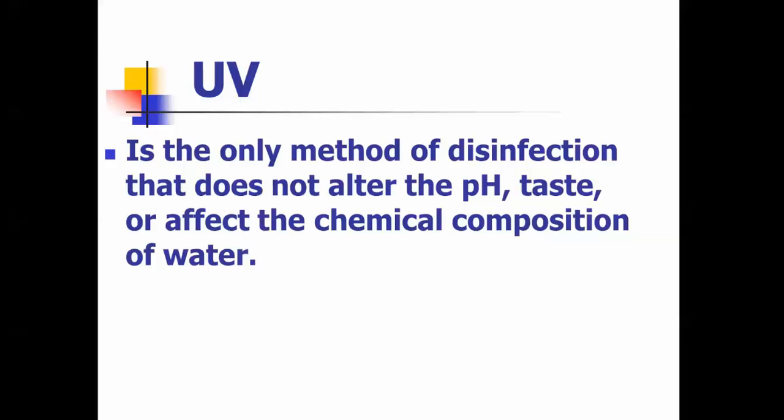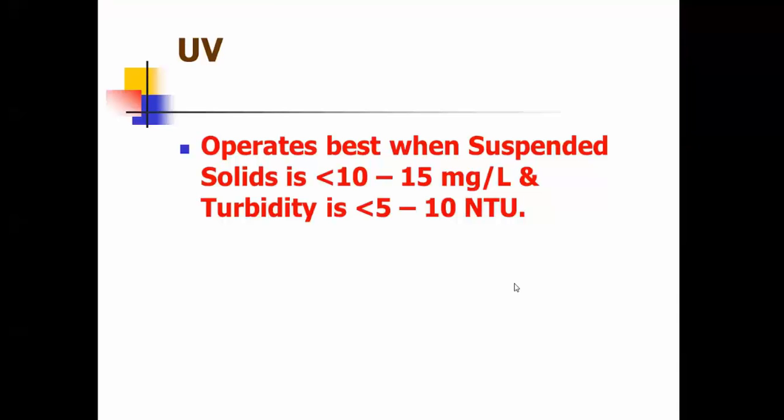As the water passes through these UV lamps, it's disinfected. It operates best when the suspended solids are less than 10 to 15 parts per million and the turbidity is less than 5 to 10 NTUs.